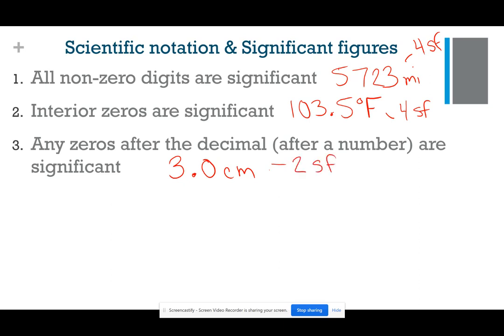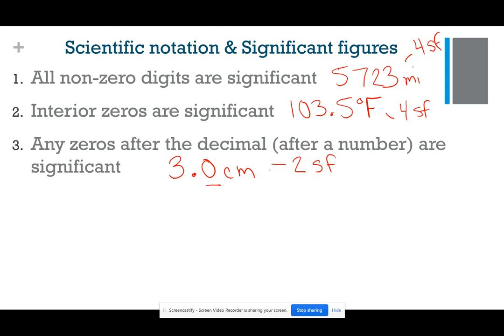Kind of the silly way that I remember this is chemists are lazy. We do not write anything out. We use abbreviations for everything. So as a lazy chemist, if I bothered to write a decimal, then I bothered to put a 0 after that decimal, I did so for a reason. The instrument gave me that information.